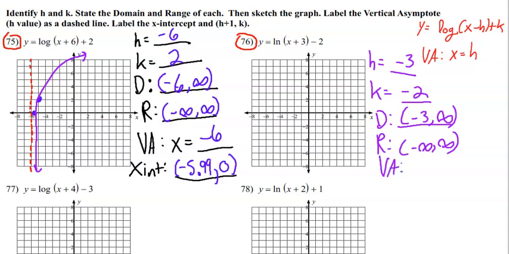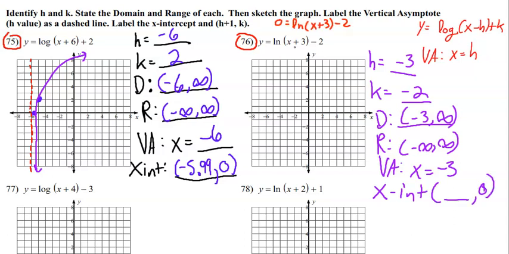Our vertical asymptote would be x equals -3, and the x-intercept would be, we plug in 0 for y and solve for x. So we have 2 equals ln of x plus 3. Raise each side to the e, base e on each side.